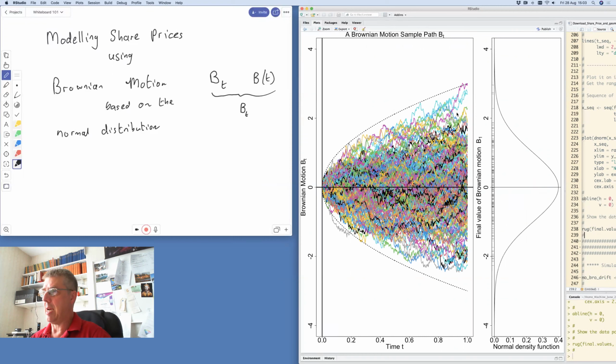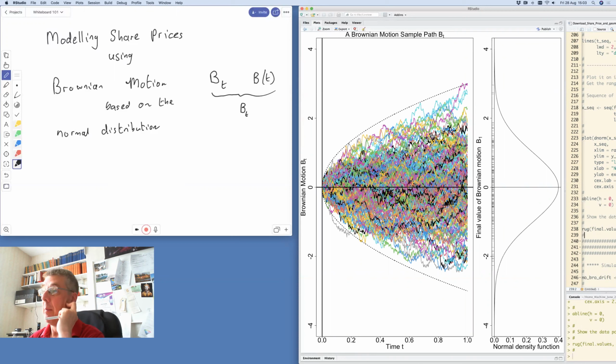What I've got here is those 200 sample paths, and we can see they're spreading out. And I've put these lines here as an indication of how these paths are spreading out as time goes on. So I guess the idea of that in the modeling share prices context is that the further you look ahead, the less certain you are.